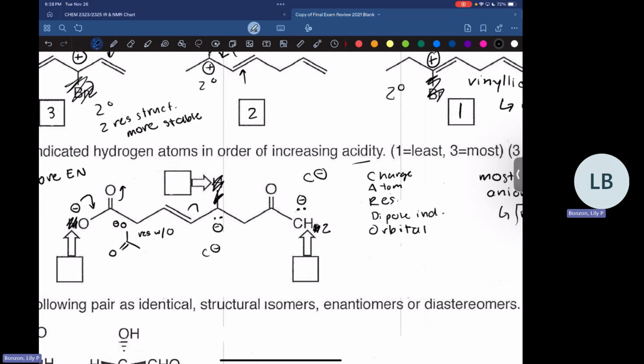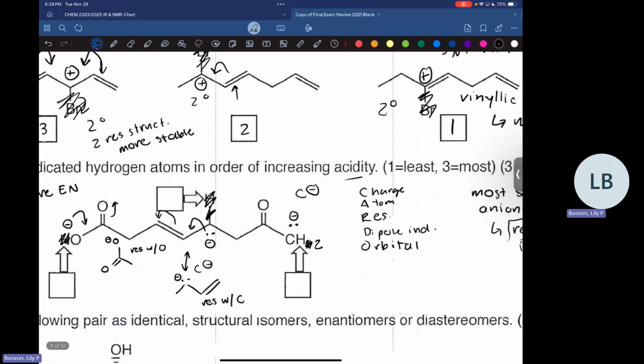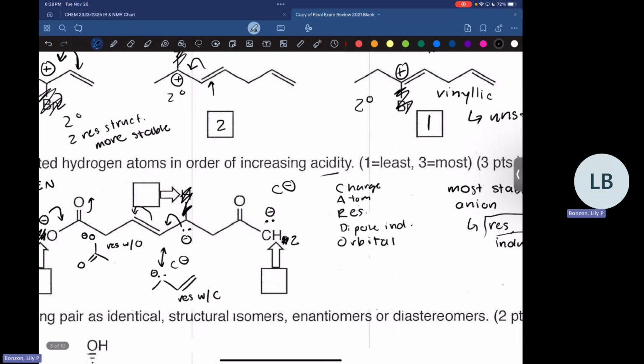So we can resonate this double bond with that carbanion and form a resonance structure. Oops, sorry, I drew it the wrong way. This would come here, and this would come here. So we have a resonance structure where we put the negative charge on a carbon. And then on the right structure, again, we can do resonance with that carbonyl carbon. And we can push that negative charge onto the oxygen.